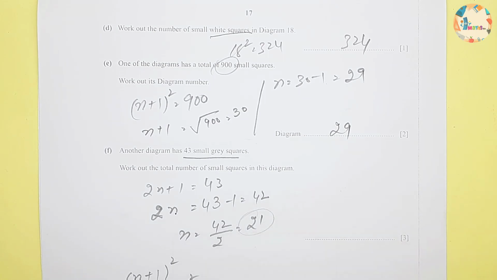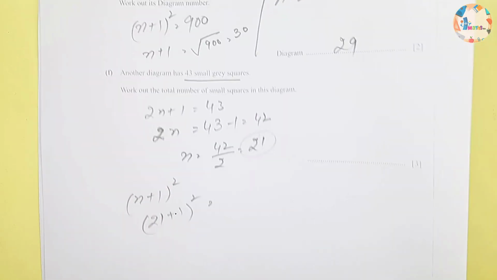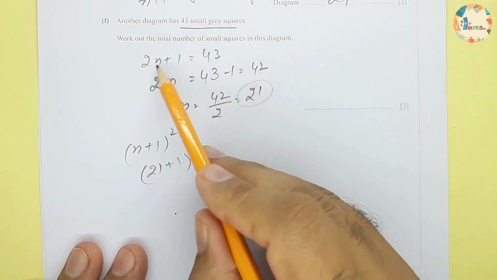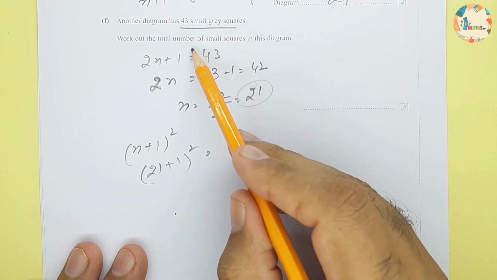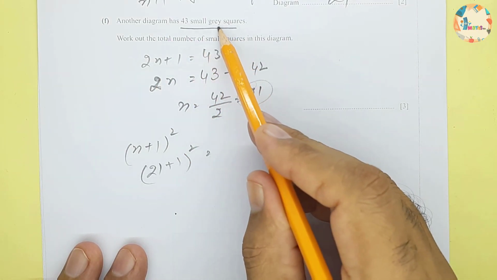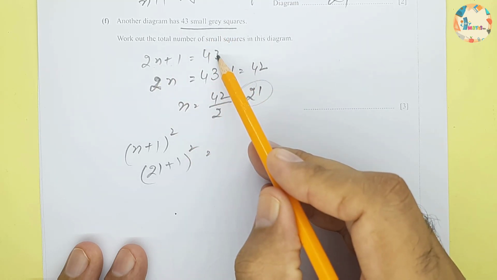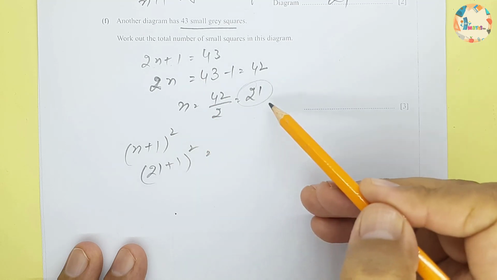I'll move the page a little above so that you can see properly. What we have done is, first we took the small gray squares formula, which is 2n plus 1. We equated it to 43, and then we found the value of n.